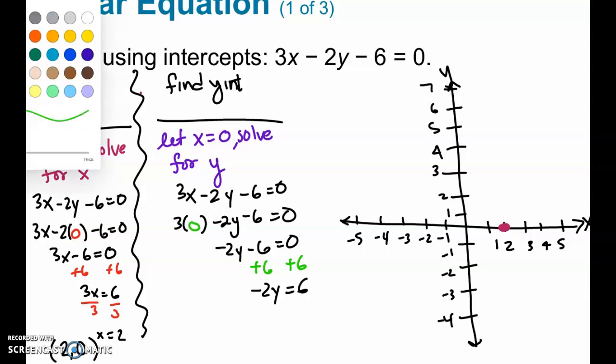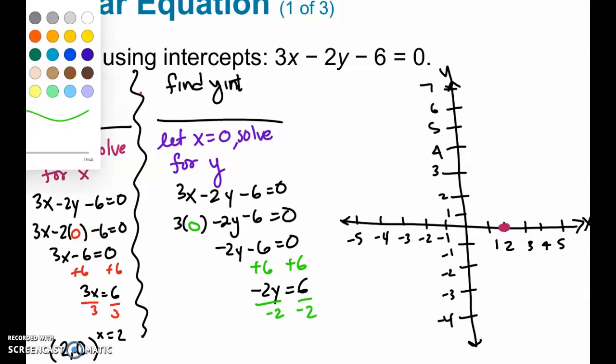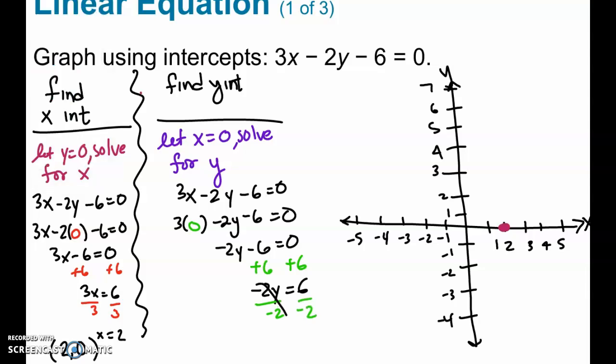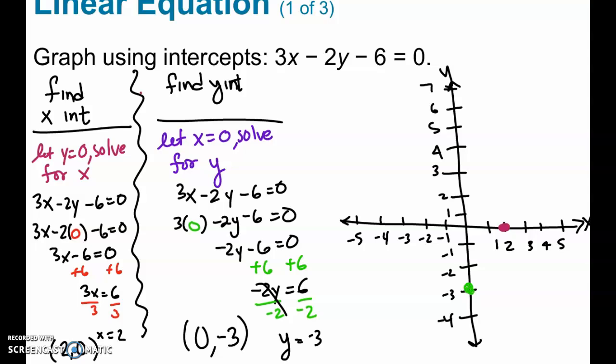And then I will divide both sides by negative 2. And what do I end up with? y is equal to negative 3. So my ordered pair here, the x value is 0. The y value is negative 3. Let's plot that point on my graph. 0, negative 3 is down here.